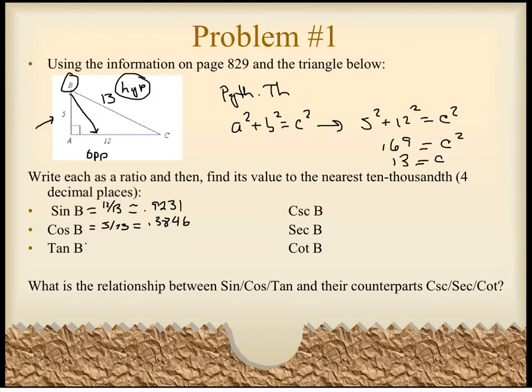And so now tangent of B, so we're not even really using the calculator other than to evaluate the fraction, okay? So tangent of B is opposite over adjacent. Let me write an adjacent right here. So opposite is 12, adjacent is 5, and so that ratio gives me 2.4, okay?